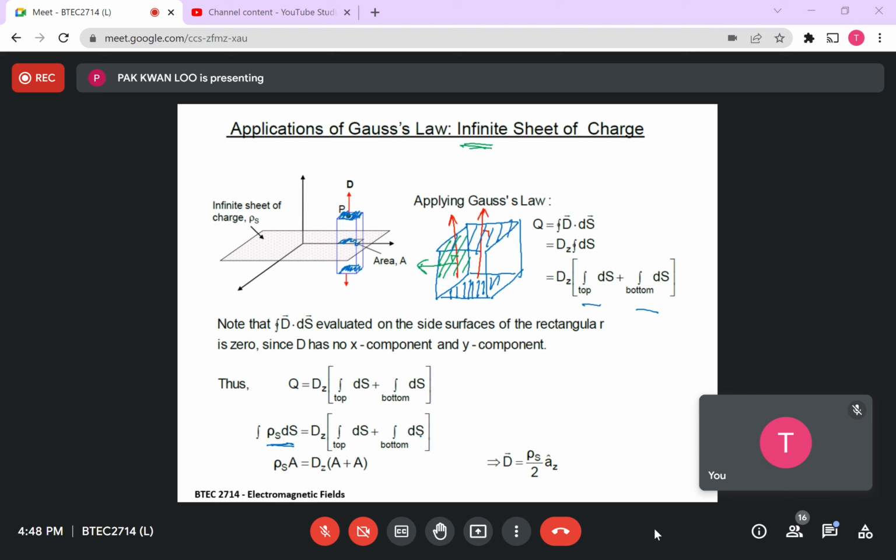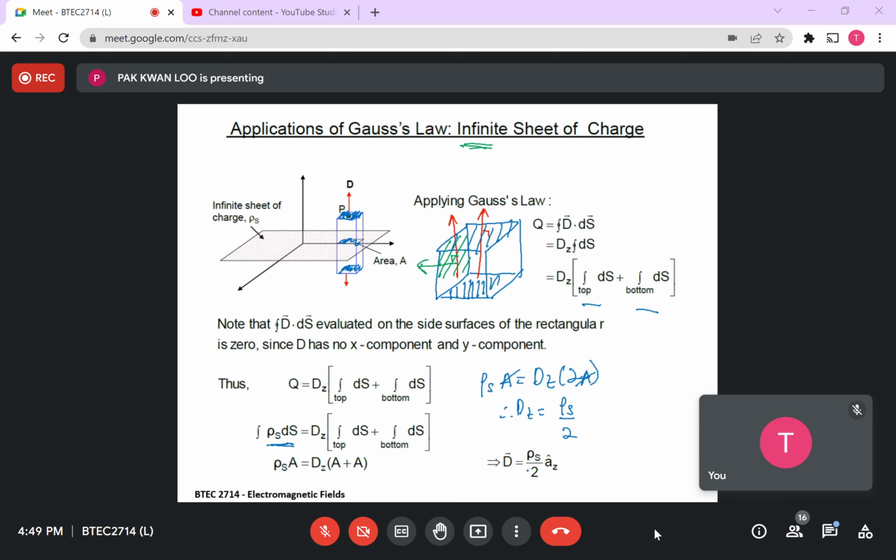Therefore, rho s times A equals D z times 2A. So A and A can be eliminated, and therefore D z is equal to rho s divided by 2 in the z direction.